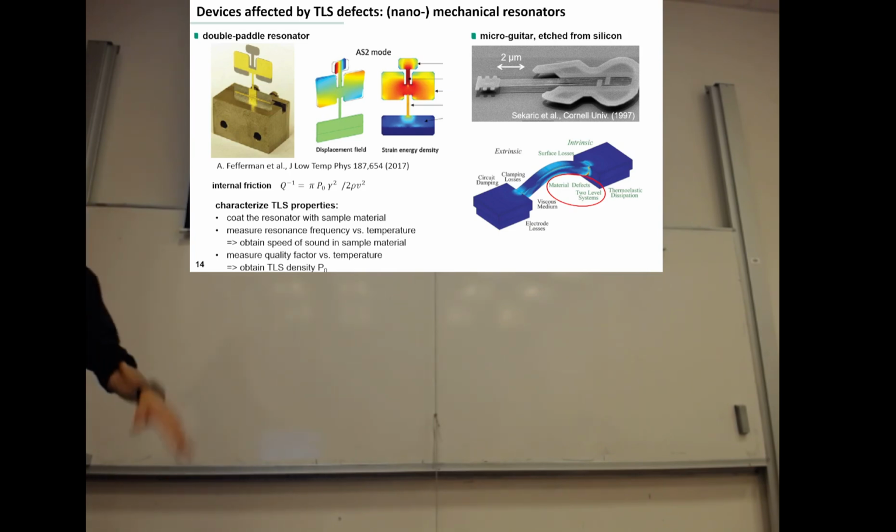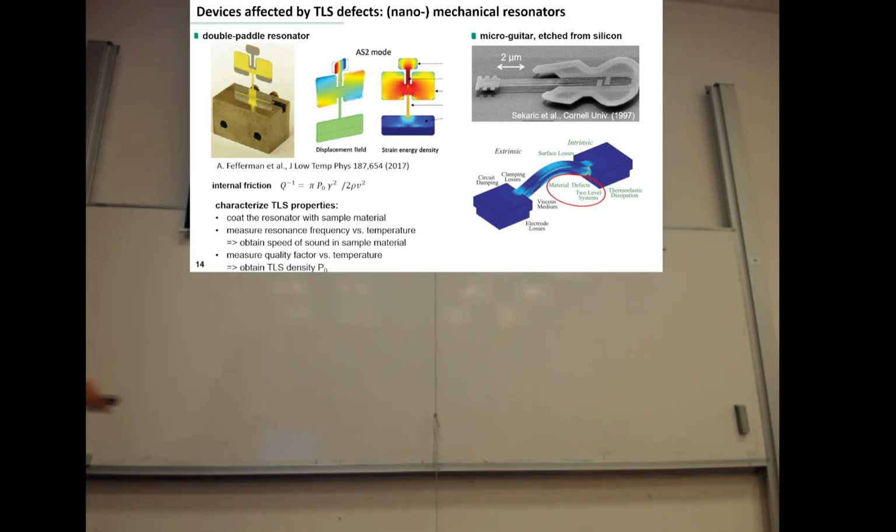You have these arms here which would move like this, and you have this head here which would move like this. So you can imagine this is some oscillation, and the advantage of using this mode is that most of the strain is confined here in the neck of this resonator. And this just means that you do not have so many losses due to the clamping, due to the fixture of this resonator.